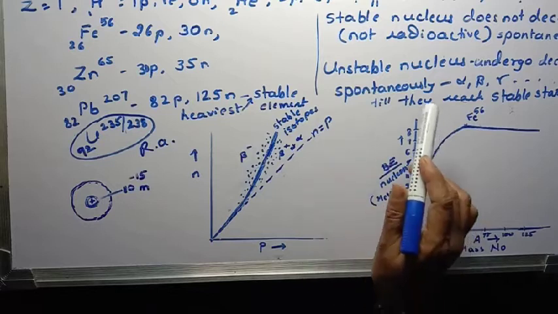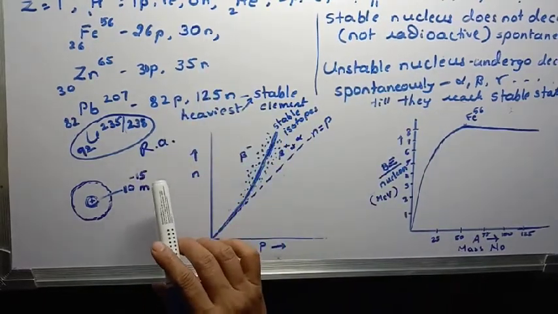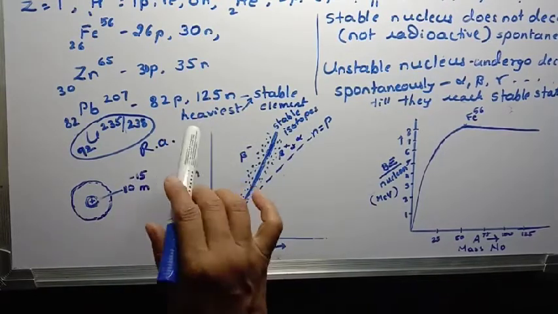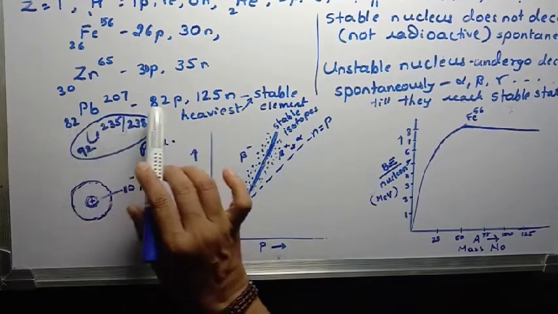Okay, so now you are familiar with why the nucleus becomes unstable, and later how it becomes stable till atomic number 82.